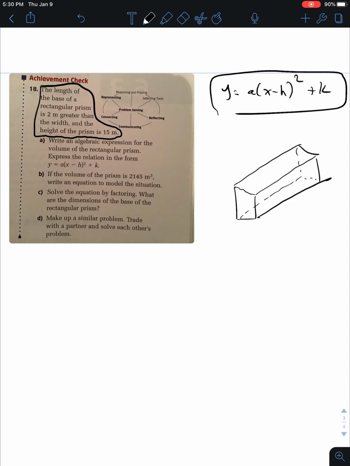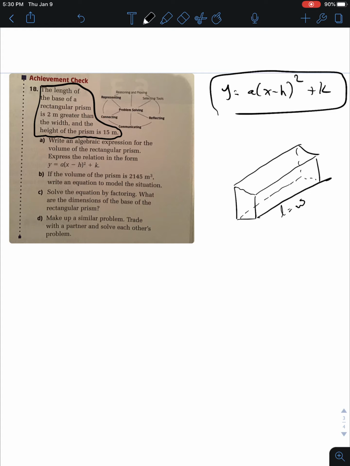Right, so once you get this, that's why pictures are useful, right? So I can say, okay, the base, so the bottom here, is 2 meters greater than the width, right? So the length is equal to the width plus 2, right?